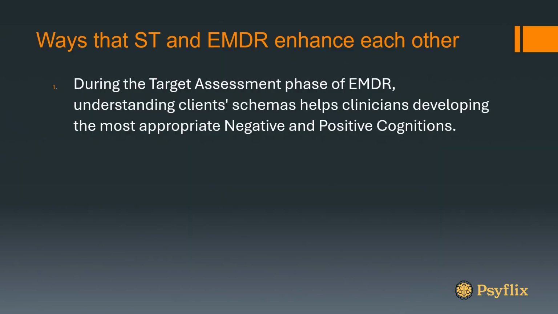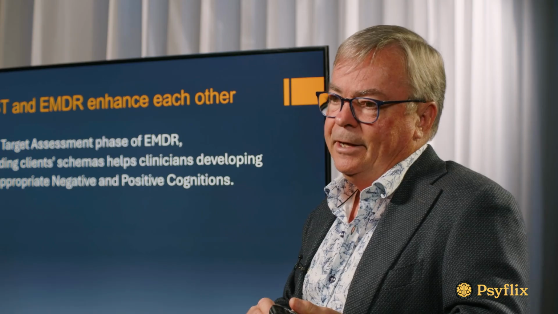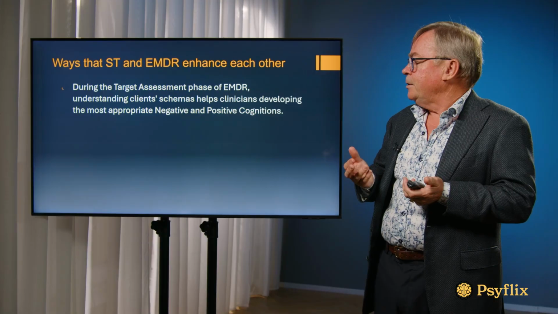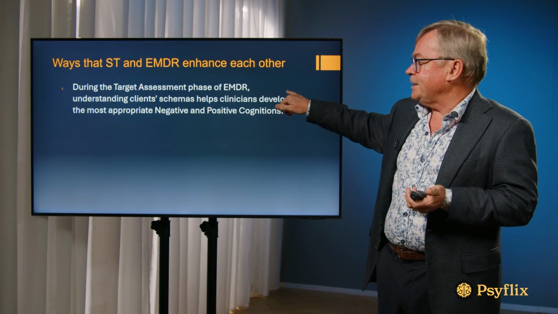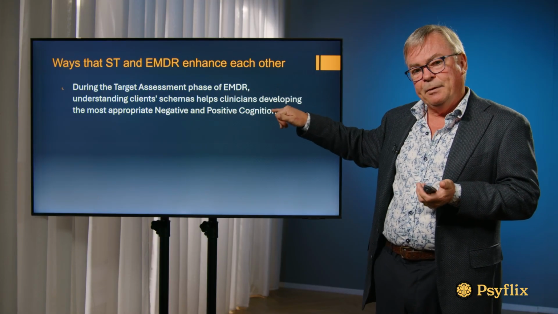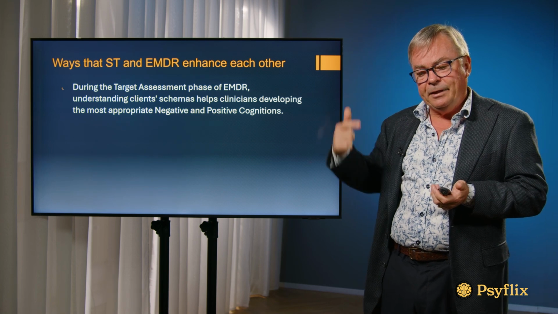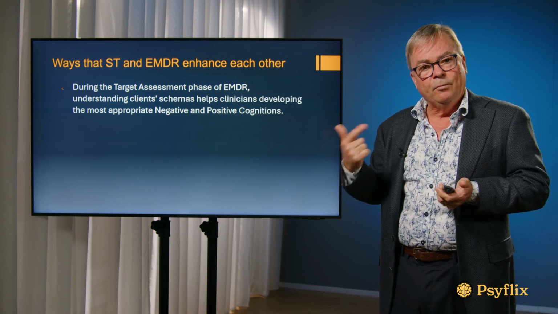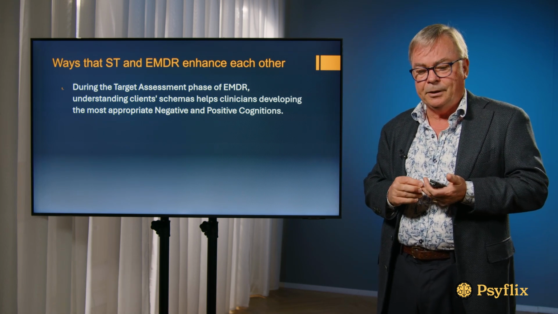The final part of the talk is I just want to conclude with talking about some key ways that I think schema therapy and EMDR, when integrated, can have a really fantastic outcome. The first of these is that in the target assessment phase of EMDR, it is the therapist's job to come up with a negative and positive cognition.